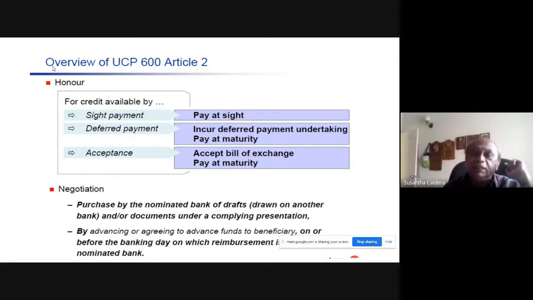In that case, why do the banks opt for deferred payment rather than doing the transactions under acceptance? Even some countries, some customers, prefer to have deferred payment, not acceptance. Why?